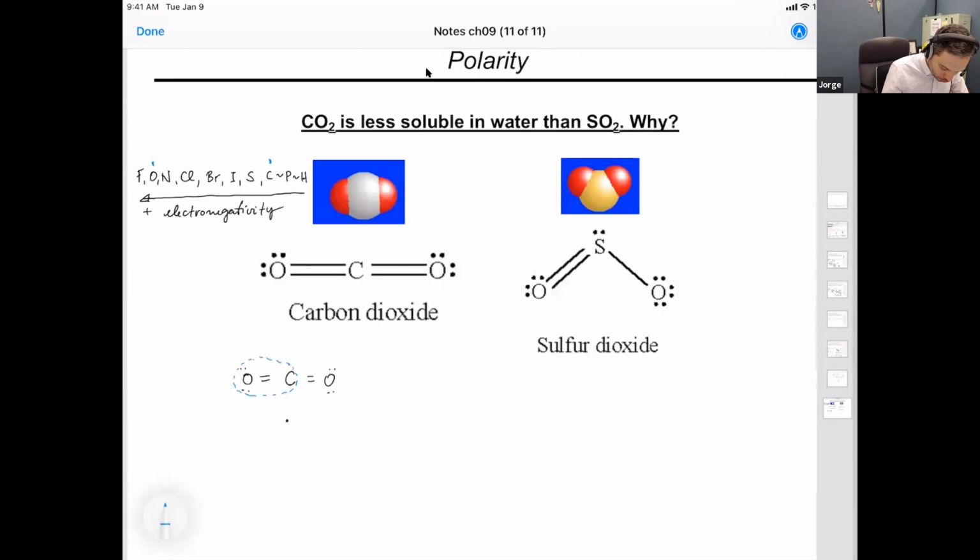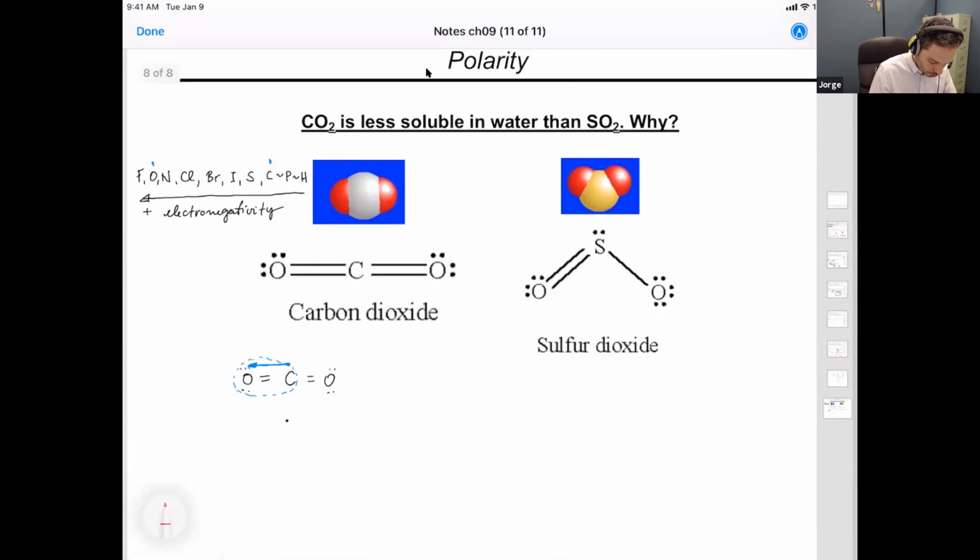And I'm going to represent the vector for this chemical bond pointing from the less to the more electronegative atom. Okay. So that means there is a shift of the electron cloud towards the oxygen to the left.